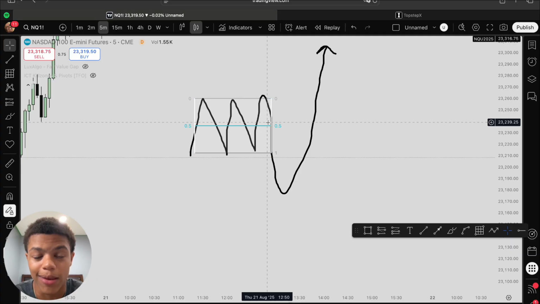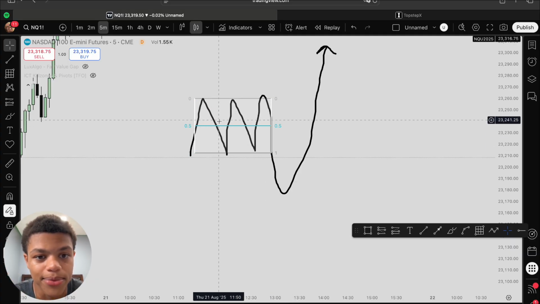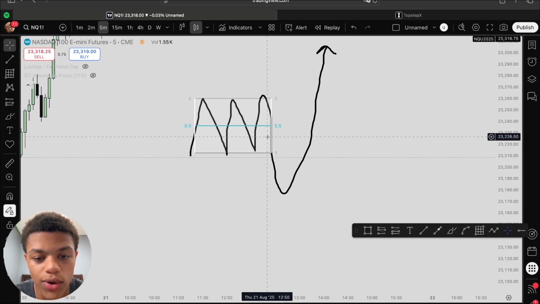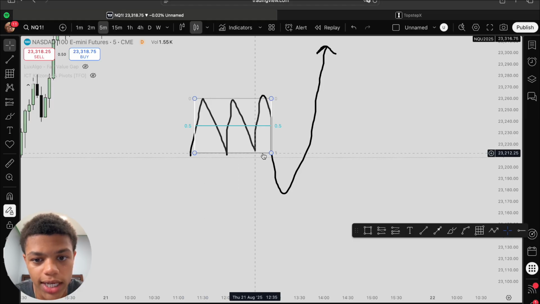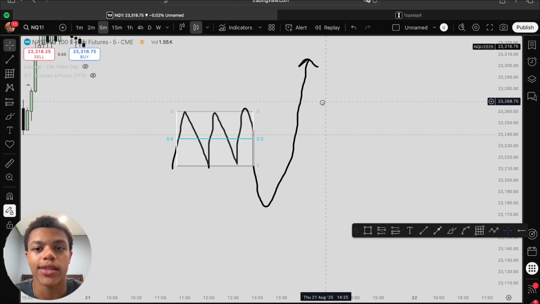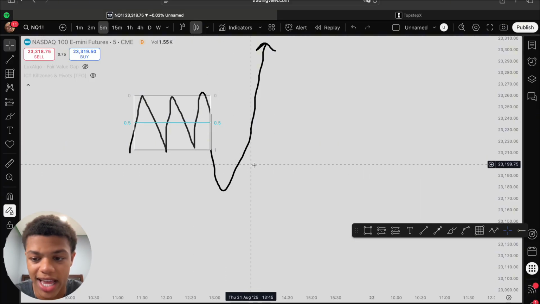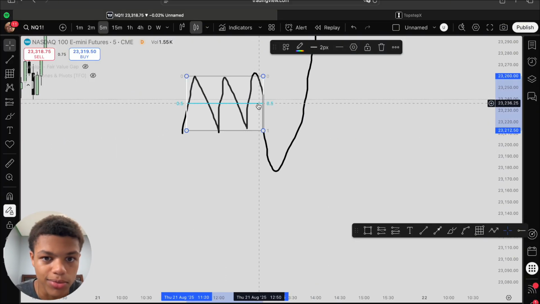I'm saying it multiple times so you can get it in your head. Accumulation, forming liquidity. Manipulation, sweeping liquidity. Distribution, distributing that liquidity to those who were patient and didn't get faked out by this. But we're not going to go too deep into that.